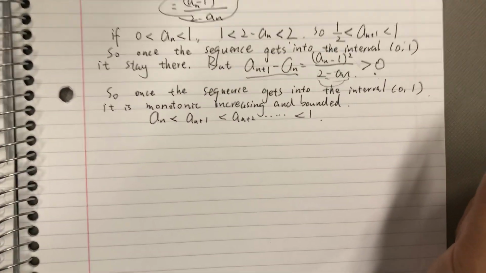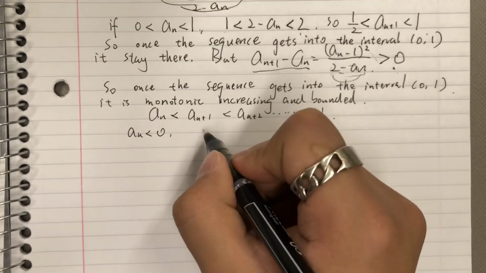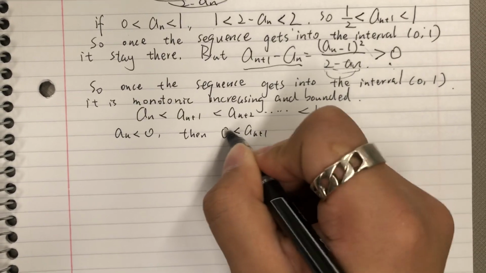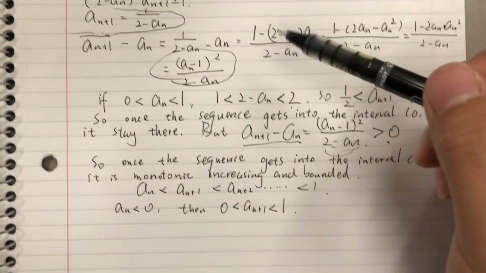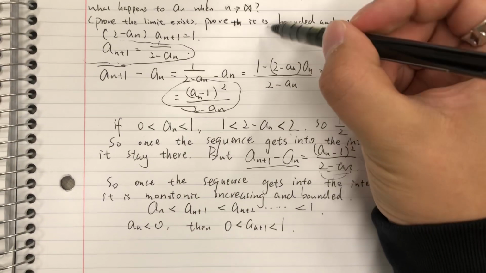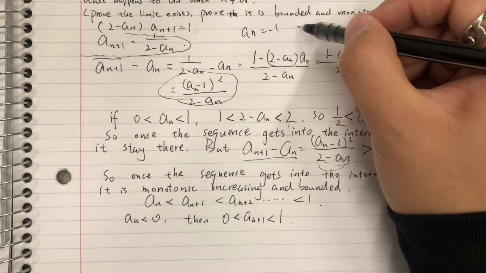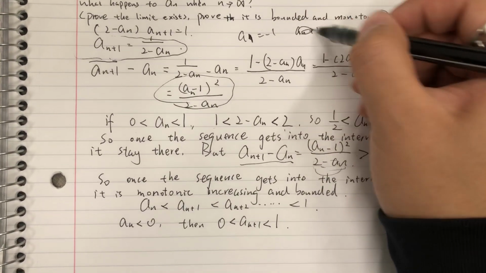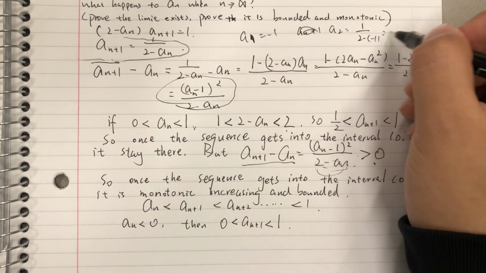Okay, and we can also show some special cases. When a_n is less than 0, then a_(n+1) will still be between 0 and 1, because we can bring it here. For example, let's say a_1 is negative 1, then a_2 is going to be 1 over 2 minus negative 1, which is 1/3.